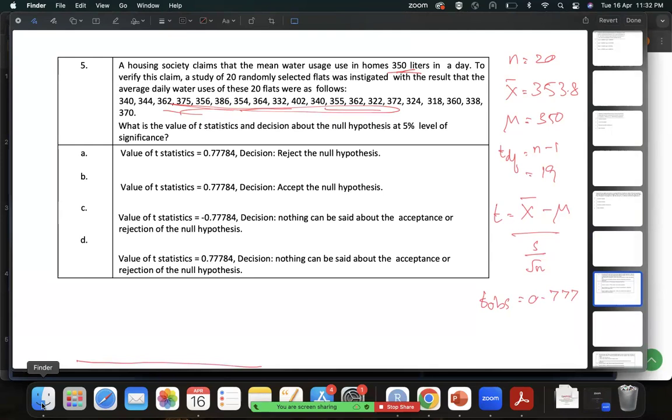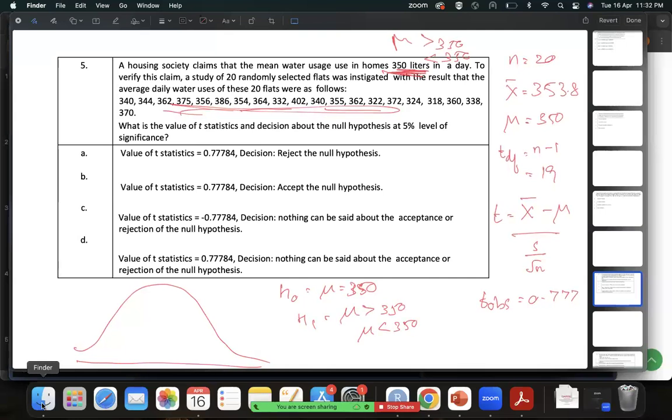Now we have to calculate T critical. Here they're not saying whether mu is greater than 350 or less than 350. They just said the expected mean is 350. So your null hypothesis is mu is equal to 350, and the alternate hypothesis is mu is greater than 350 or mu is less than 350.